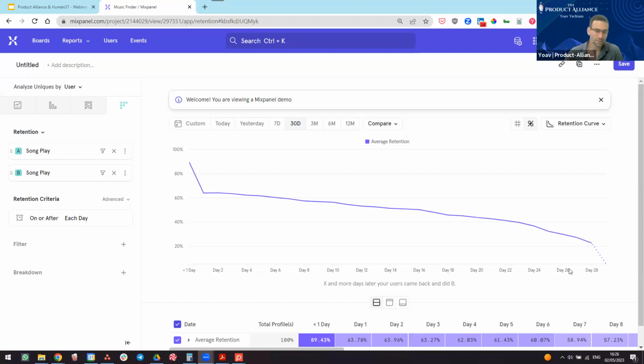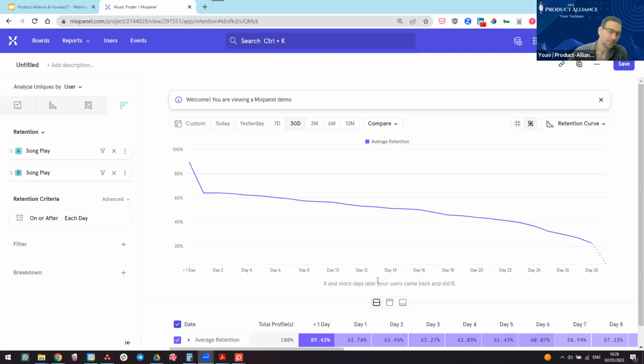And a lot of times we see that people don't exactly understand how to read them. I'm showing Mixpanel, but this applies to all analytics platforms. And this is demo data, so don't worry, I'm not revealing a true client.